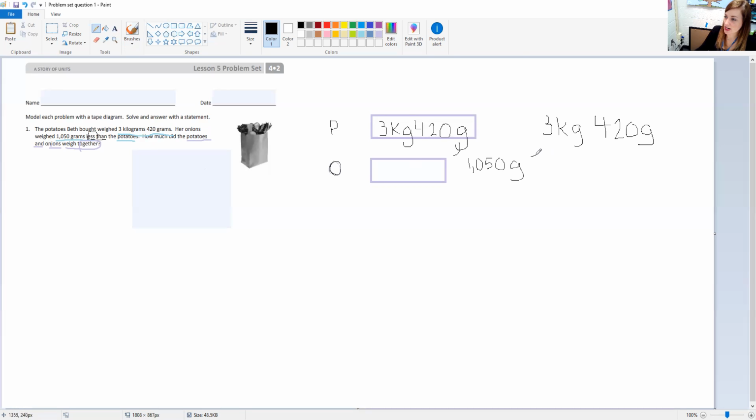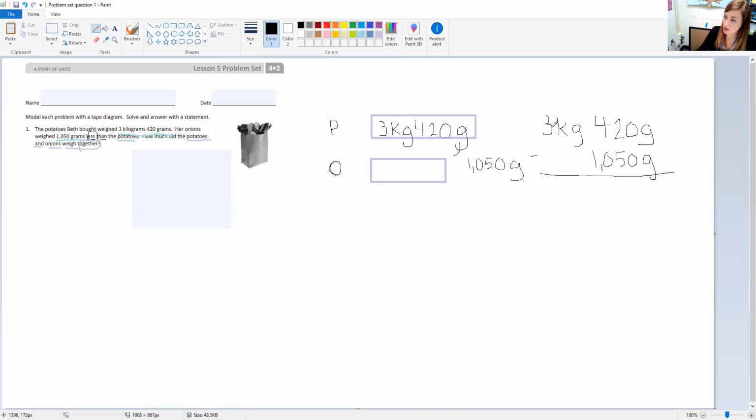So we're going to be subtracting this 1,050 grams. Okay, so I'm looking at this and I see this number is smaller than this number. So what I'm going to have to do, it's kind of like borrowing. We're going to convert one of our kilograms in order to make this work.